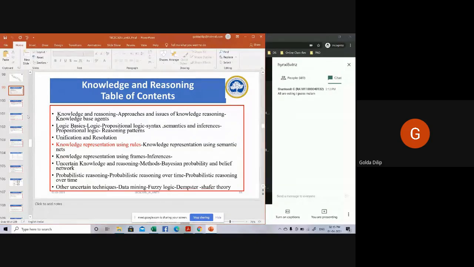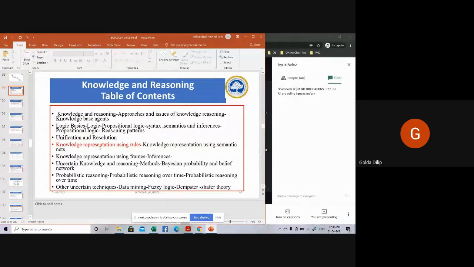So far, we had learned about knowledge and different techniques for representing knowledge: your logic, propositional logic and predicate logic. Next, we have some more knowledge representation schemes using diagrammatic representation of knowledge using rules.